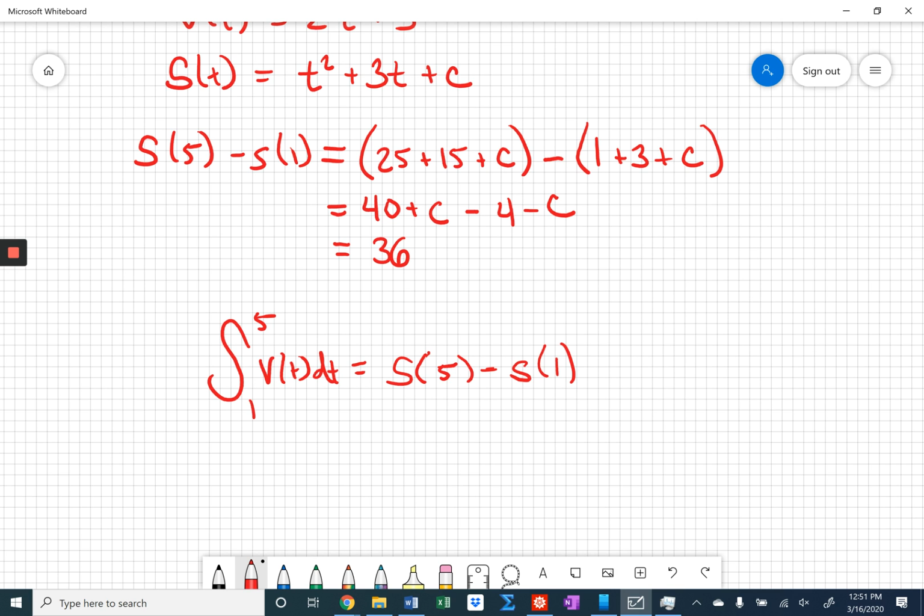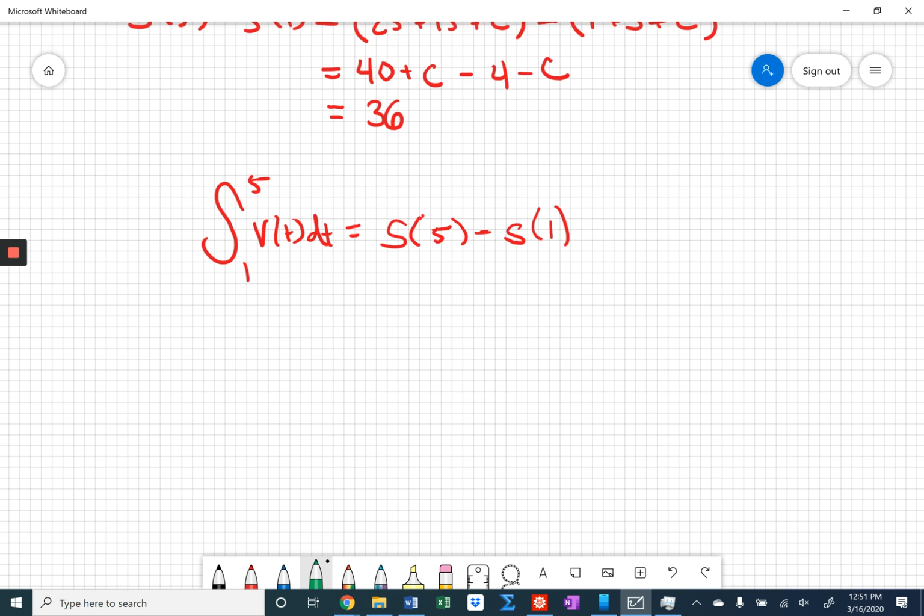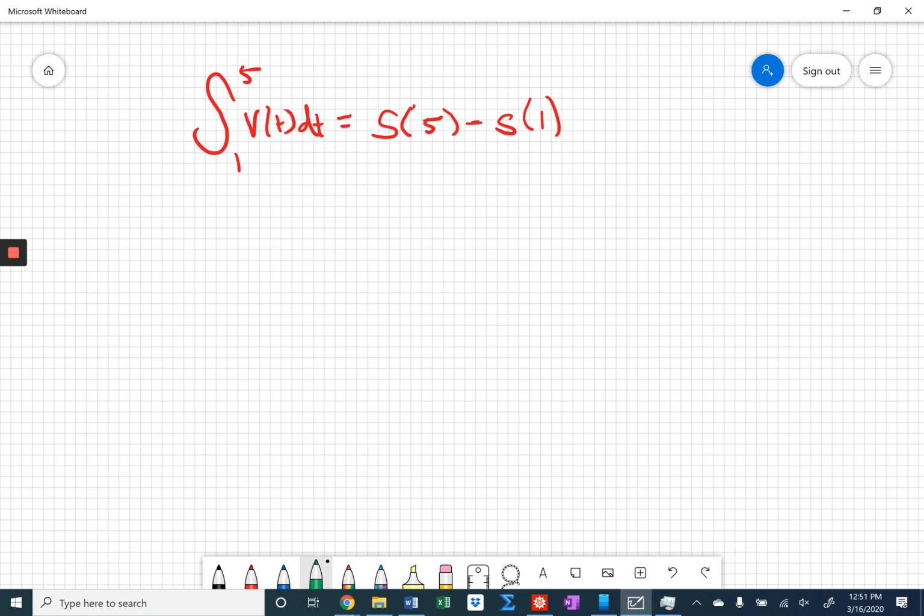This is actually not a coincidence at all, as you would probably have guessed already, but this is a very important theorem, which in this section we're going to call the evaluation theorem.